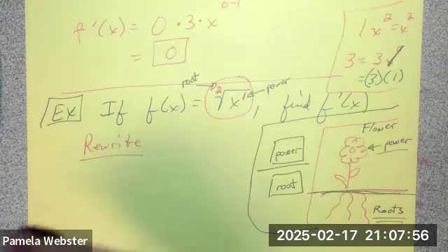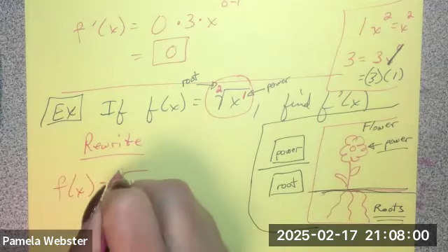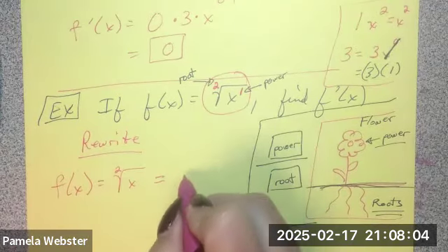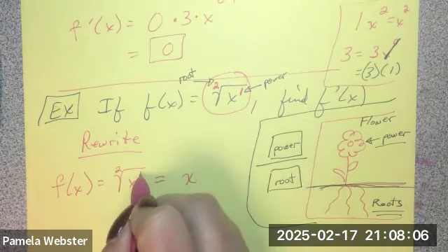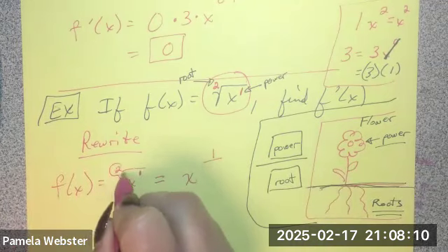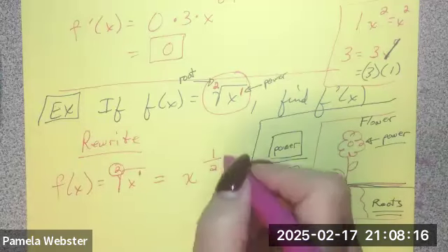Okay. So f of x, if it equals the square root of x, where the root is a 2, you need to know I can rewrite this as x to the power, the power goes on top, 1, over the root goes on the bottom, 2. So these are the same thing.